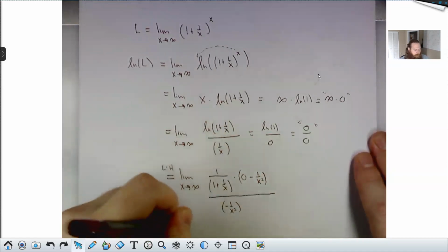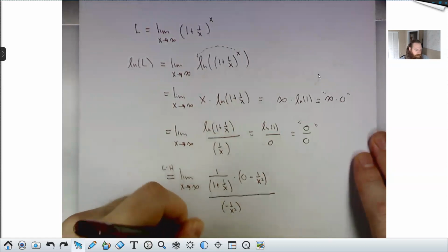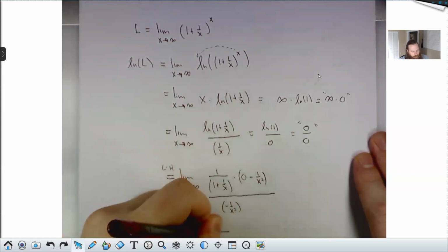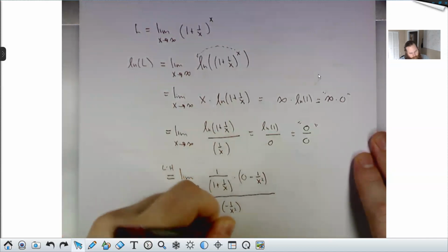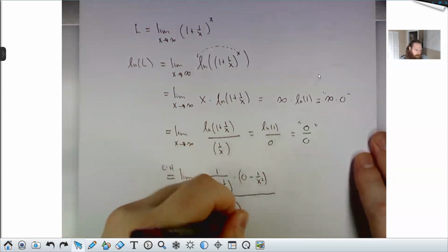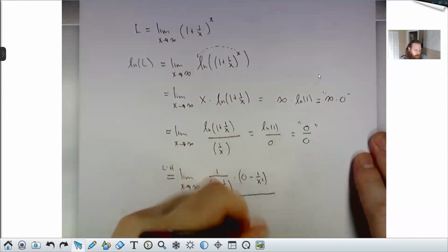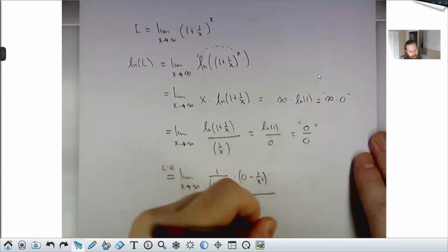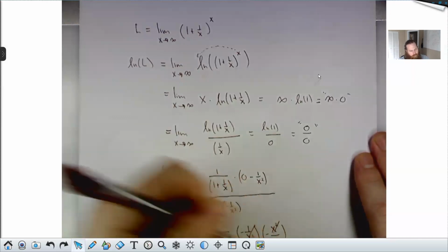So altogether, I've got the limit as x goes to infinity of 1 over 1 plus 1 over x times negative 1 over x squared, and then I flip this up, it's negative x squared over 1. We cancel.